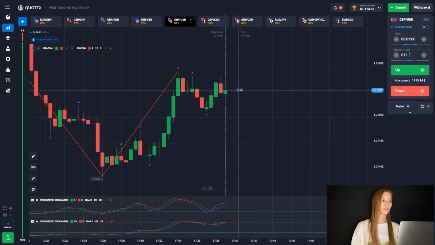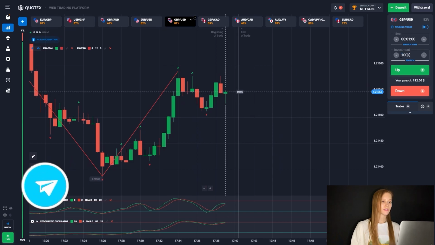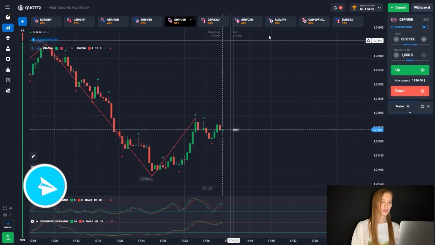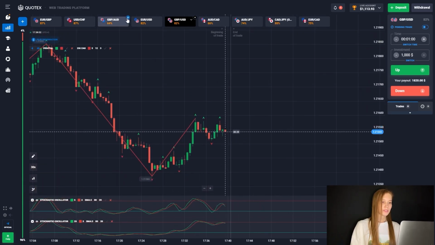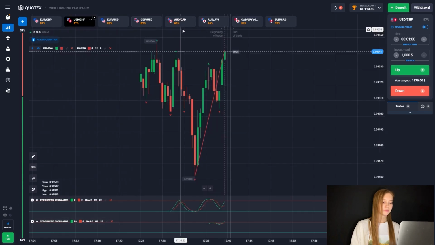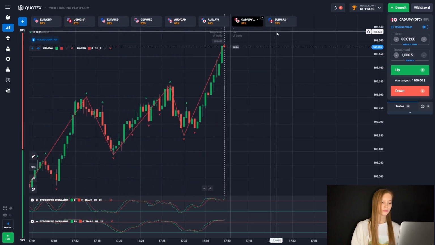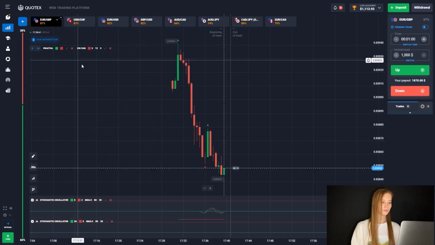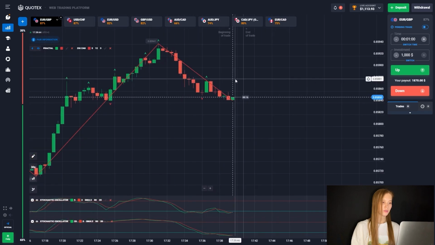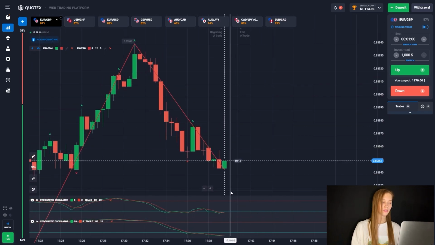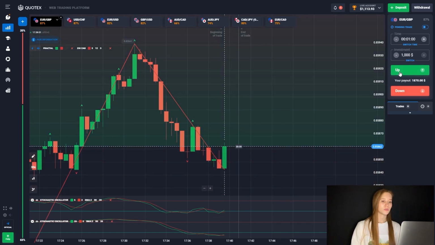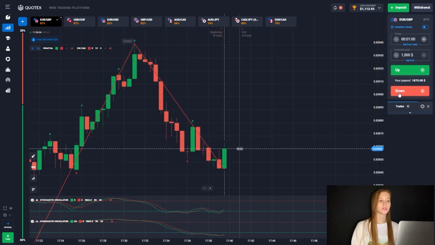We have more than $1,000. So let's change the concept out. Let's see what we have here. And we see that the exit. So we need to wait, because it's possible that the movement will go down.